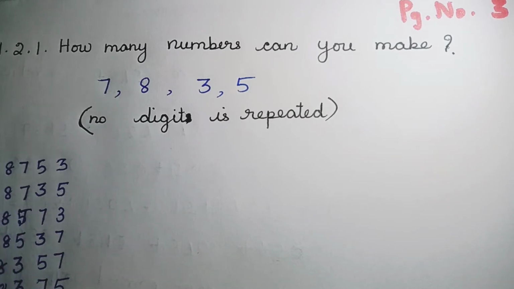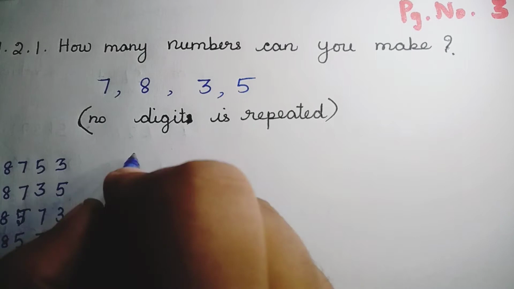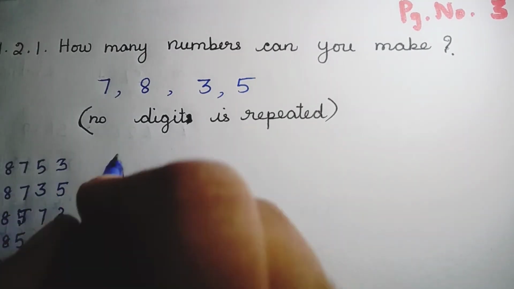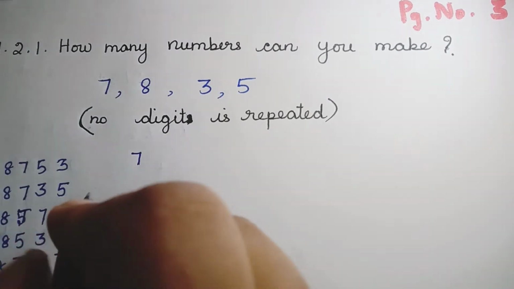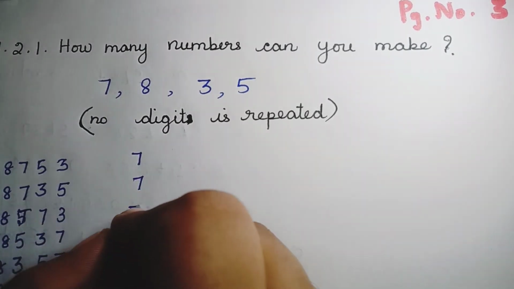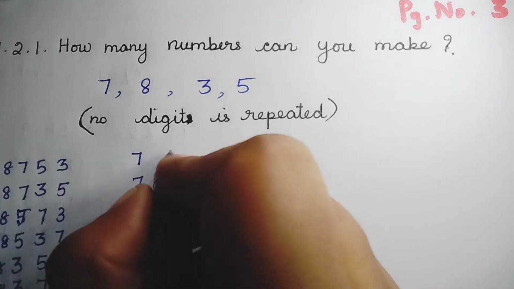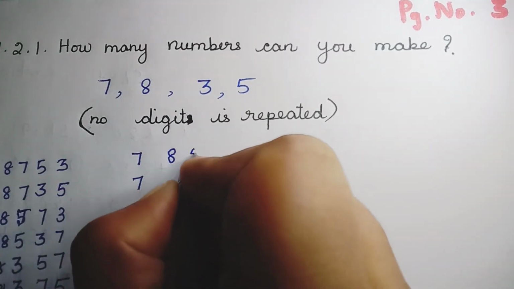Here the 8 is common. Now take the 7 to the thousands place. When you take 7 here, for all these numbers 7 should be common, and the remaining digits are 8, 5, 3.